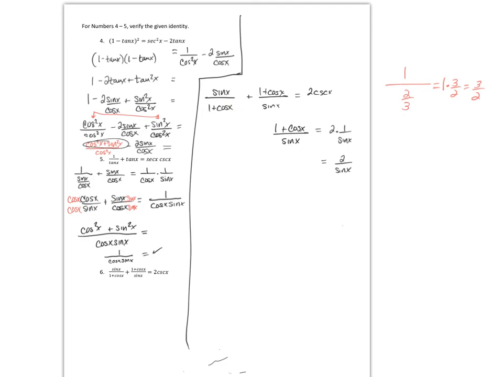I'm going to take my sine of x and put it over 1 plus cosine. And I'm going to multiply that guy by 1 minus cosine over itself. And put some parentheses here to remind us that that's a thing. Talked a little bit about this.